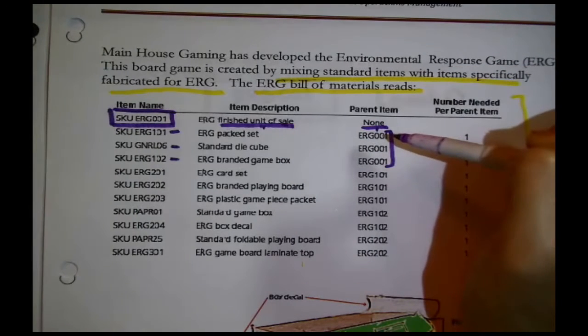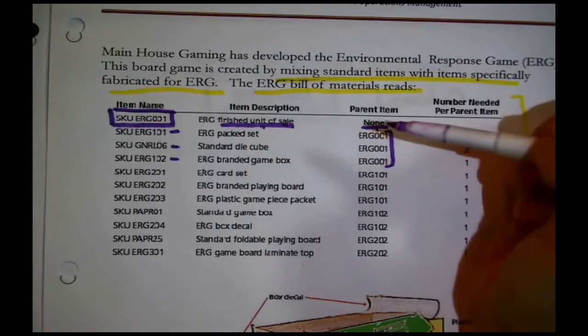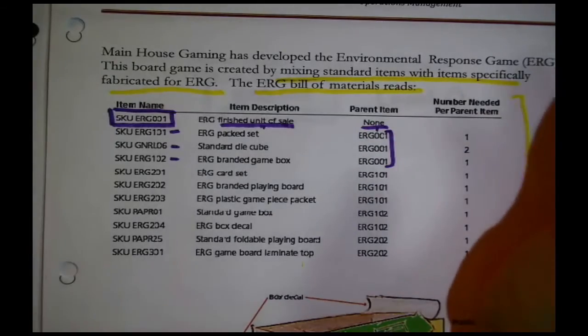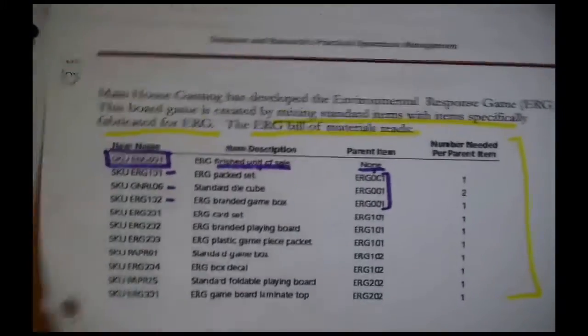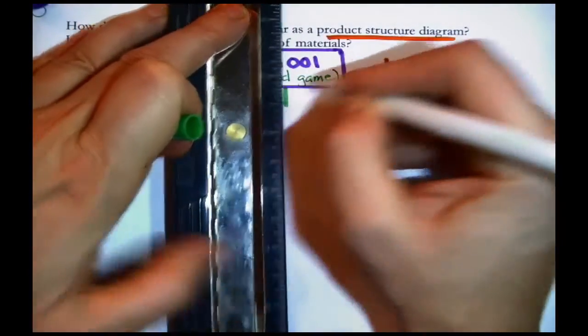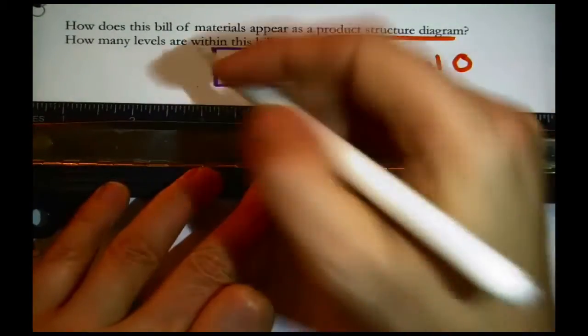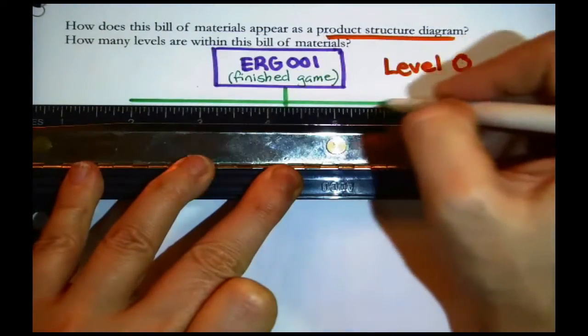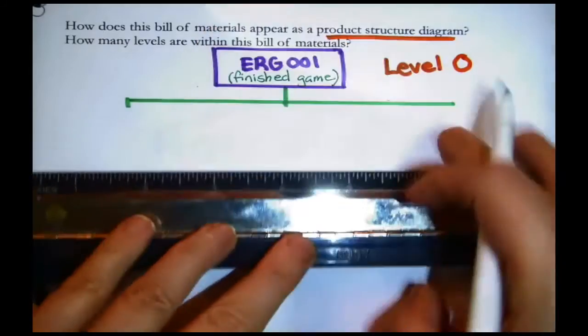Oh, okay. What am I supposed to do with that information? Draw it. In a product structure diagram, this is how we represent that. There were 3, we call them children, right? They were listing ERG001 as a parent, so we call them children. There were 3 children. I want to draw a short branch downwards, and then a span. And I'm going to locate 3 things down here.